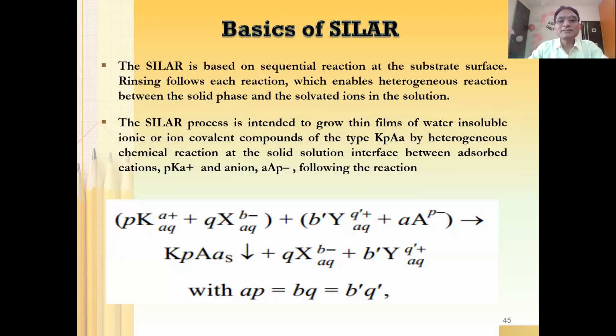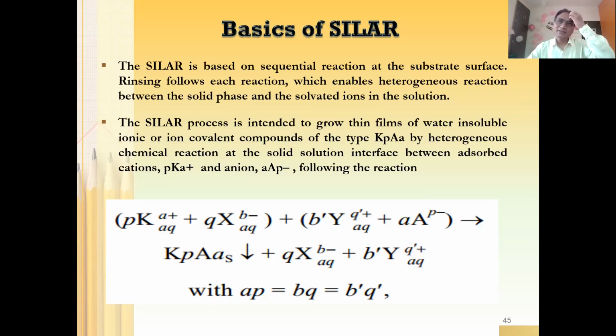The SILAR is based on sequential reaction at the substrate surface. Why is it sequential? Because first of all, you are going to have cations, and then there would be anions, and then those cation-anion reactions are going to take place sequentially at the surface. The SILAR process is intended to grow a thin film of a water-insoluble ionic or ion-covalent compound of the type KpAq.